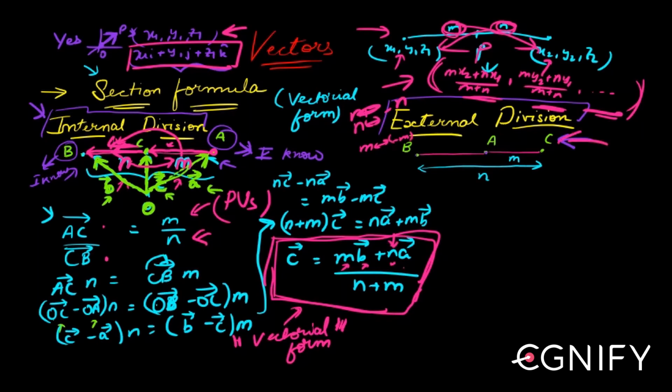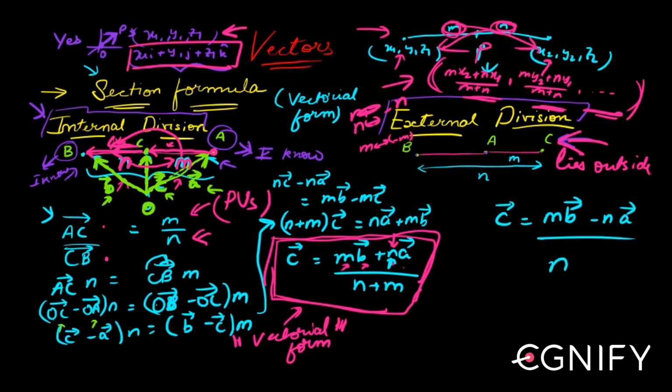So now if I need c, which lies outside the line joining AB, c bar will be like, it will be m b bar, but instead of an n, I'll now have minus n, a bar, divided by, instead of n, I'm using minus n, right? So I can write this m minus n. This is the formula for external division.